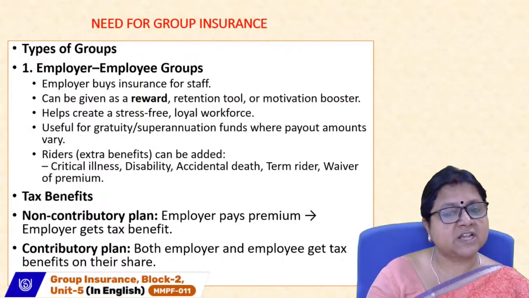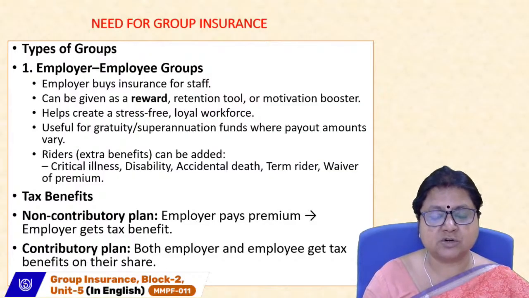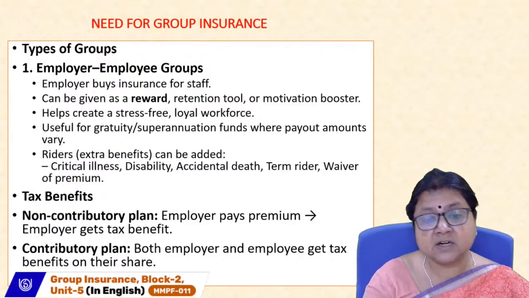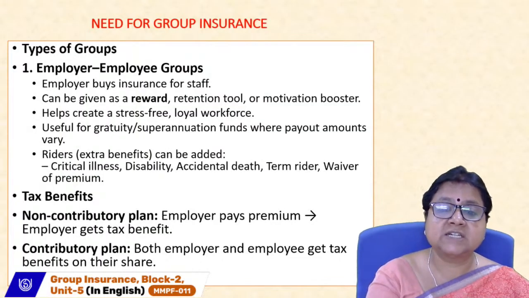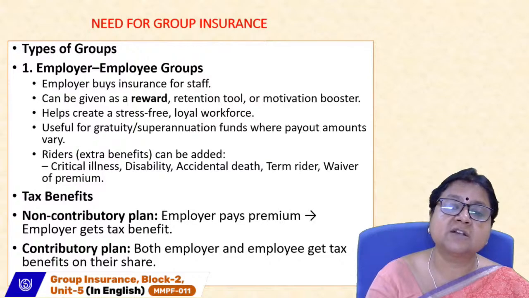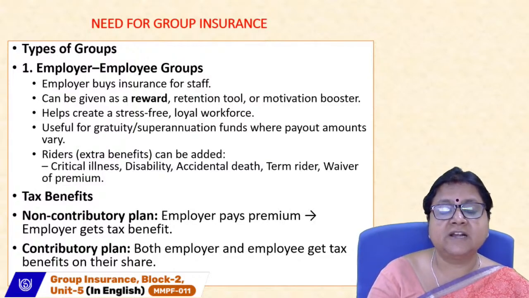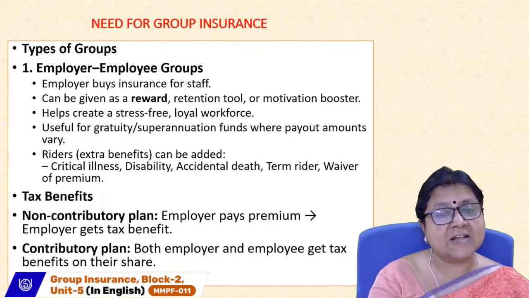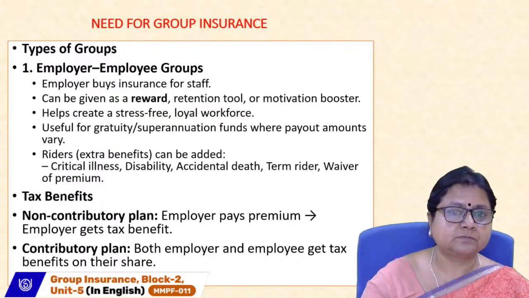Suppose the person has a natural death, the dependents will get some assured sum. But suppose the person has an accidental death, then maybe they'll get something more. So these are certain riders which can also be included, as we had seen in life insurance policies.